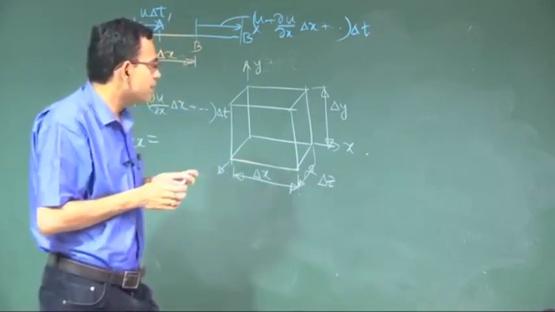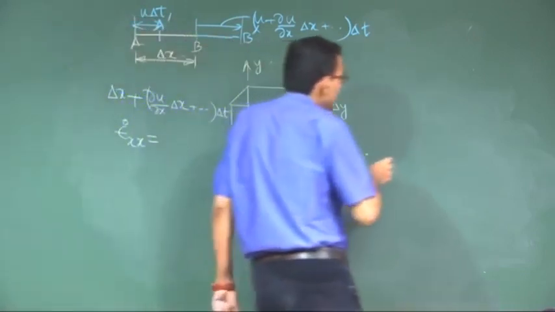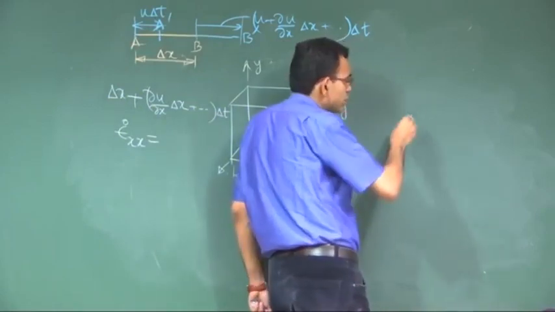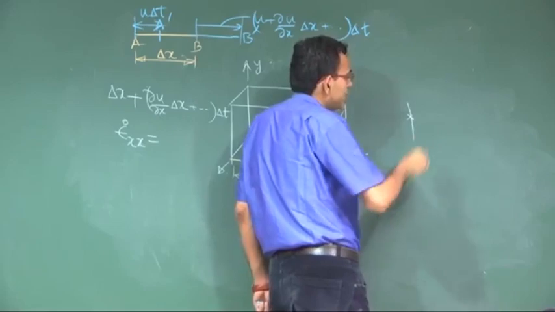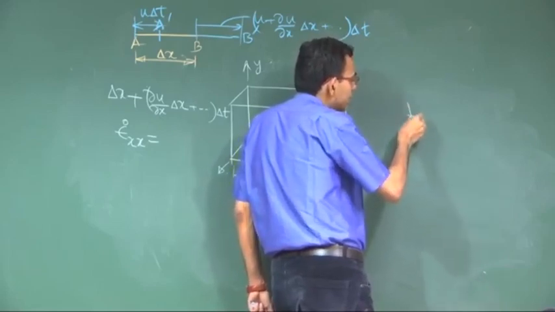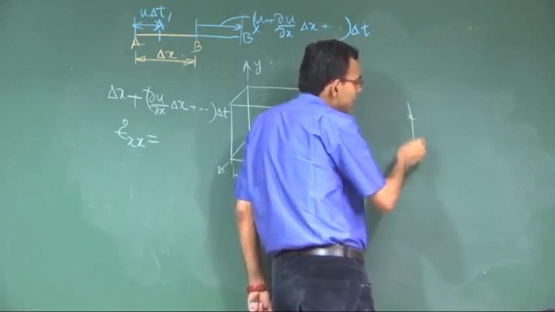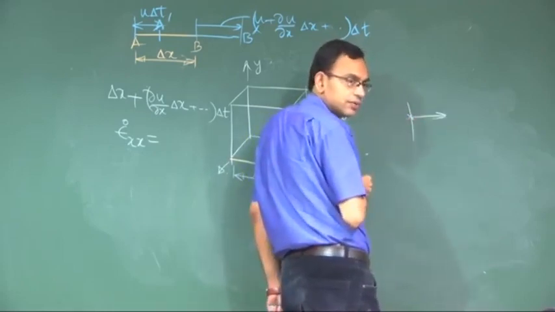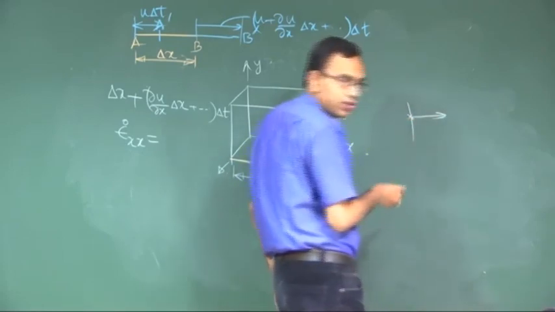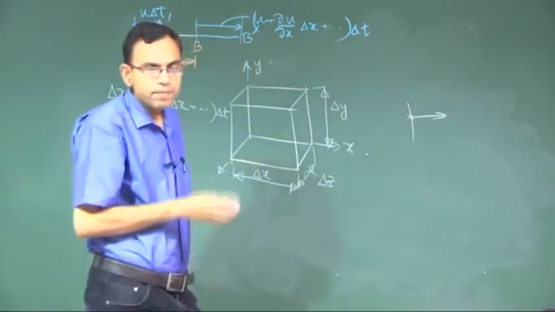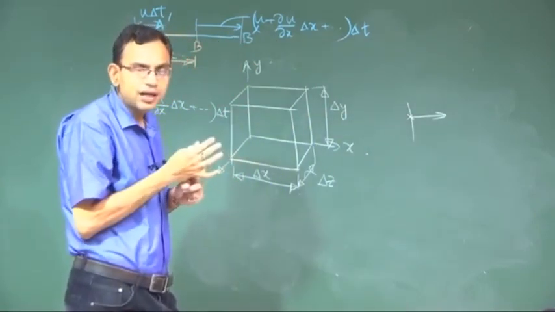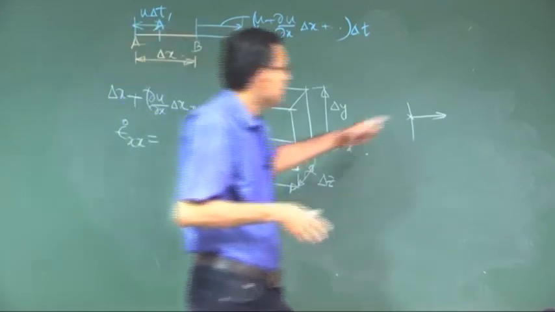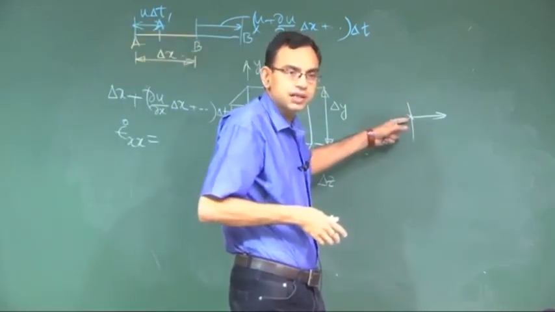For example, if you want to calculate stress at a point, you calculate force per unit area. To calculate the force you imagine an area, so there is a normal direction to the area, but there is also a direction of the force. So the force is a vector, but that vector itself depends on the direction of the area which is considered.